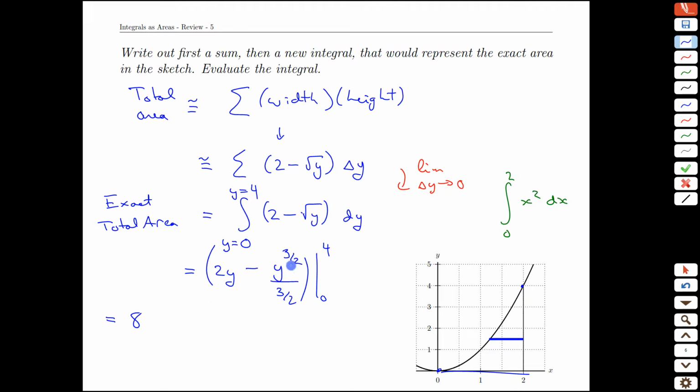We're going to have 2 times 4 is 8. And the 3/2 becomes a 2/3 if we write it in the numerator. The y to the 3/2, let's write that as 4 to the 3/2 for a moment. That is what we get by subbing in the 4 into the first and second terms here. Then we also subtract off what we get from subbing in 0 and 0. Well, that's just 0 and 0 here.